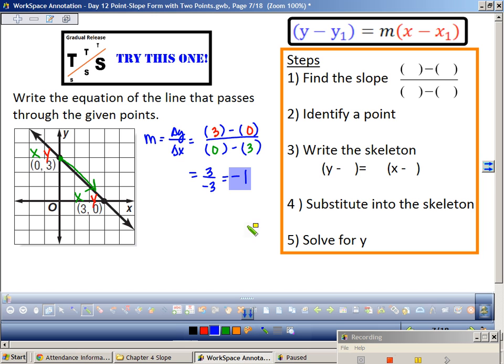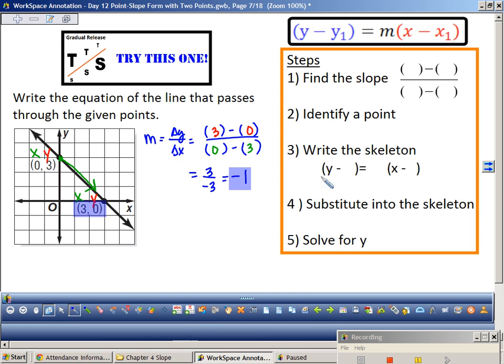So why don't you identify a point? Pick one. 3, 0. Awesome. He's just indecisive today. It's okay. All right, let's see. How about Gilbert? Oh, Gilbert's not here. So Joshua, what's my next step?